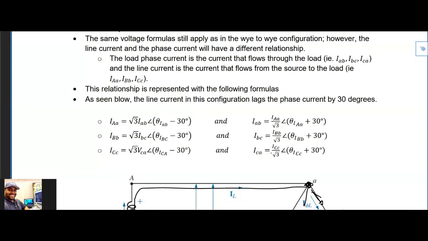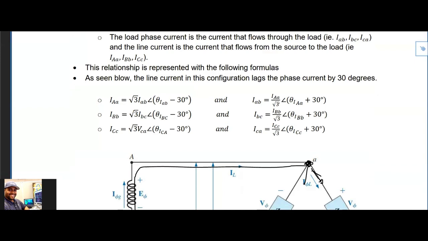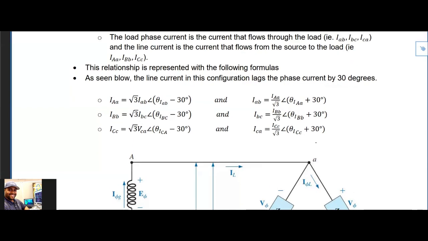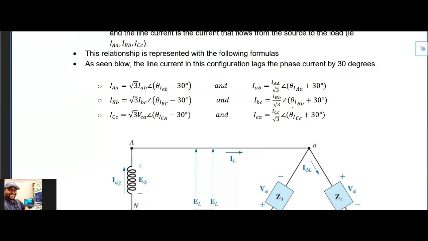And likewise, we can manipulate this equation and solve for the phase current if we knew the line current, by taking the line current, dividing it by square root 3, and adding 30 degrees to the phase.